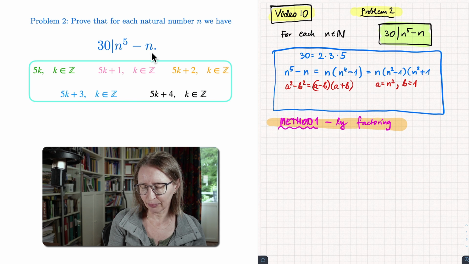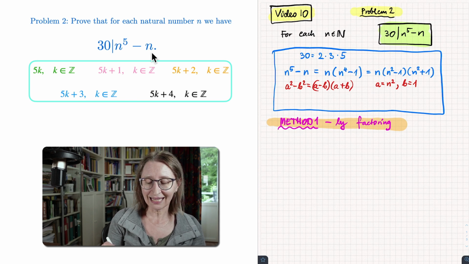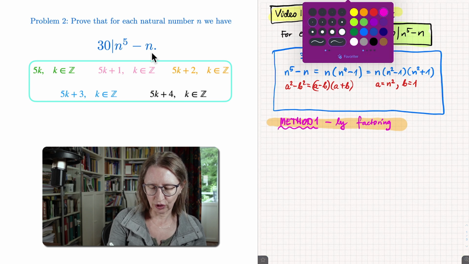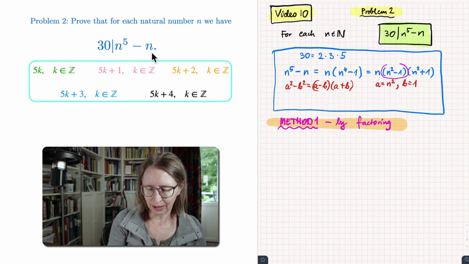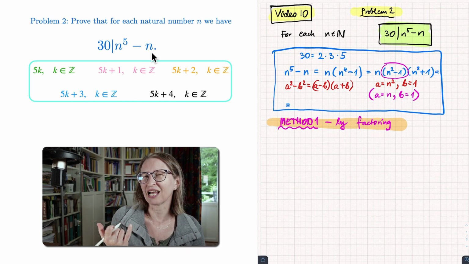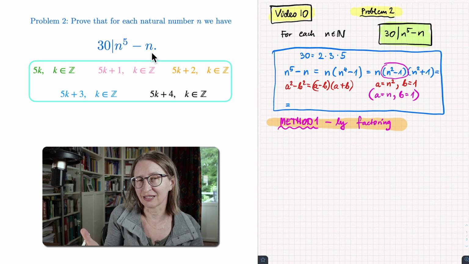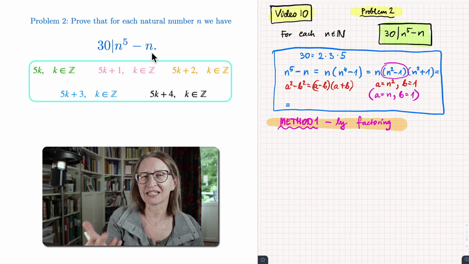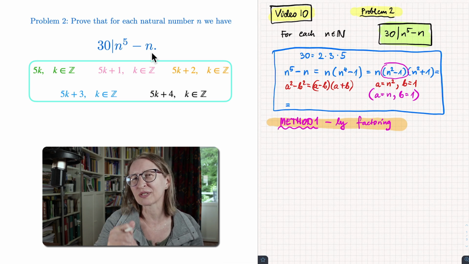I can still factor n squared minus 1 by applying the same formula, but this time with a equal to n and b equal to 1. I take it in parentheses so that you see it's another case, because it doesn't look elegant to say that a is equal to n squared and then that a is equal to n. These are two separate cases.